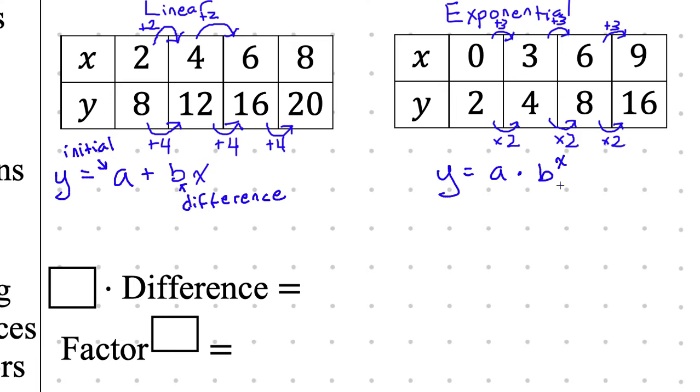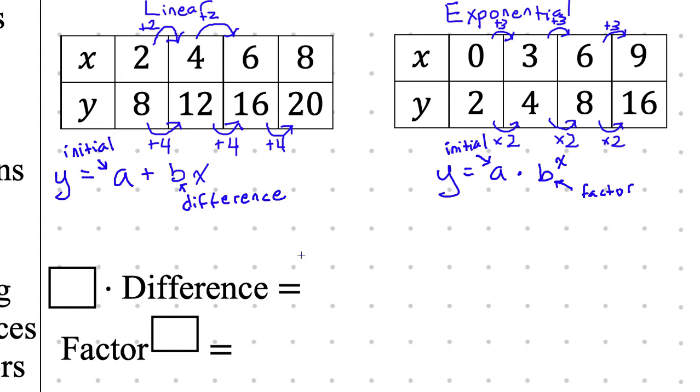What is b? Larissa. Factor. And another quiet raised hand. What is a? Yeah, Eamon. It would be the initial as well. Also the initial. Thank you.